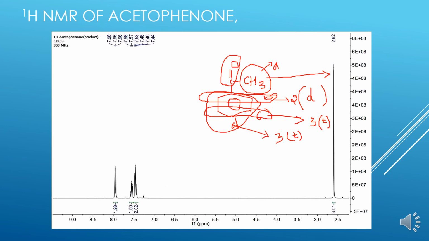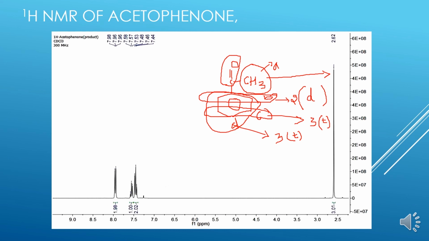Remember, oxygen is more electronegative than carbon, therefore electron density is pulled towards oxygen. Also, electrons on the aromatic ring, double bonded atoms and triple bonded atoms de-shield the attached hydrogens. Mainly because of these two reasons.